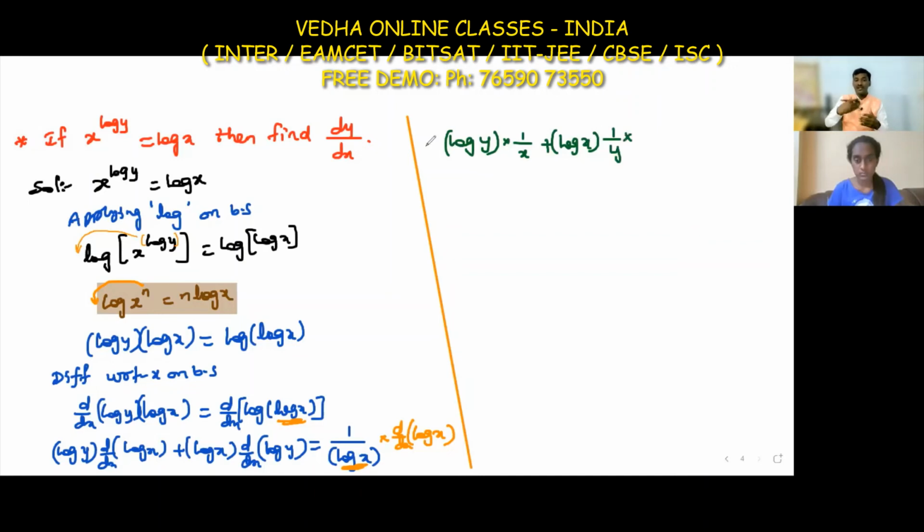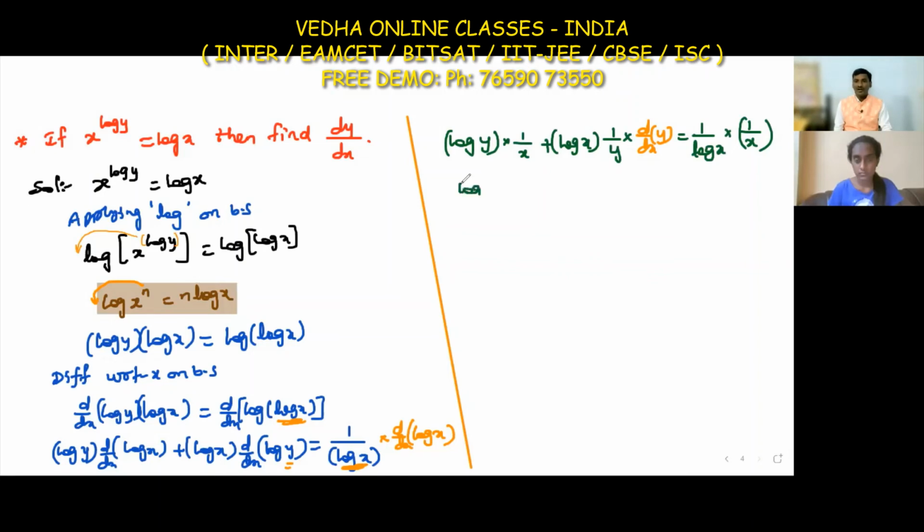We are differentiating with respect to x, but the function is y, so we need the internal derivative: d by dx of y. The right side is 1 divided by log x as it is, and d by dx of log x, which is 1 by x.